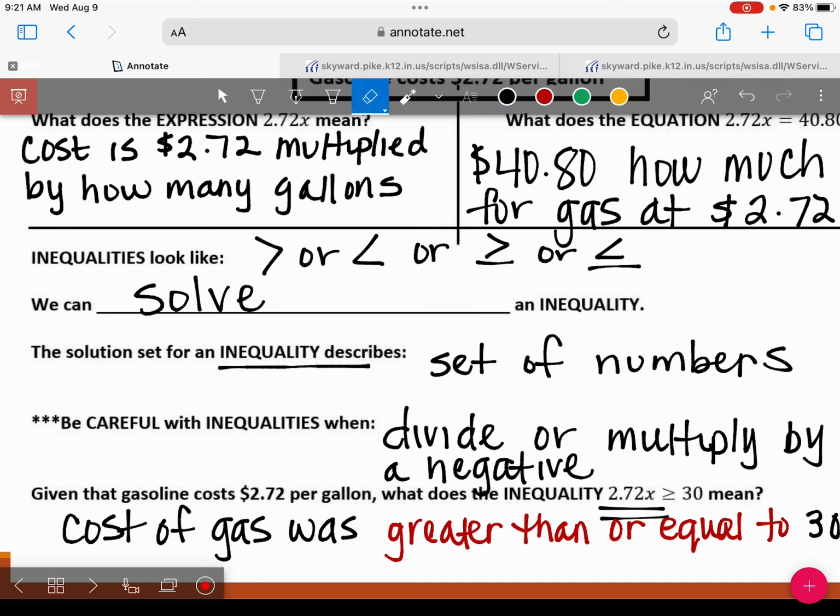I'm actually going to correct that, not the cost of gas. Yeah, no, we're going to keep that. That's good. Let's keep it there.